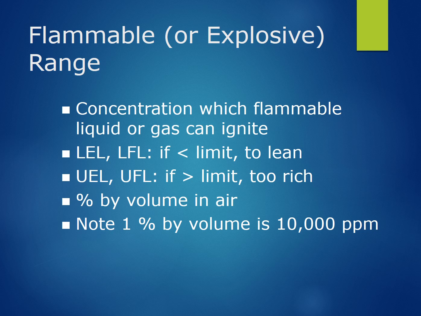If it's above the upper explosive limit, we call that too rich to burn. When we're talking about LEL or UEL, we report that in percent of the vapor of the chemical in the air, and 1% is equal to 10,000 parts per million.